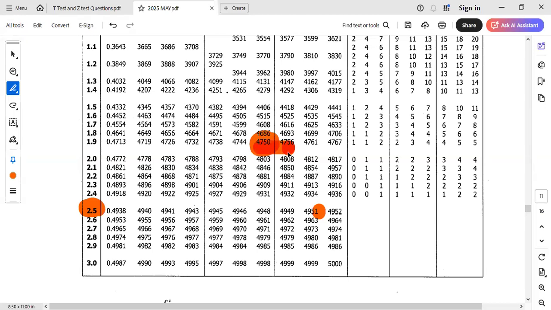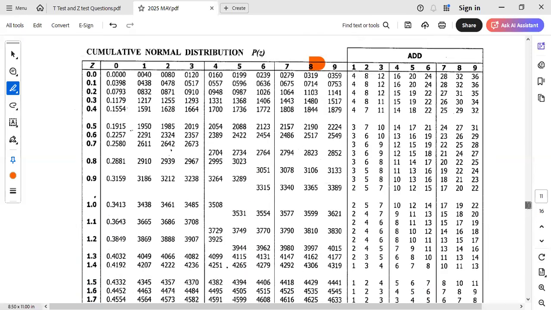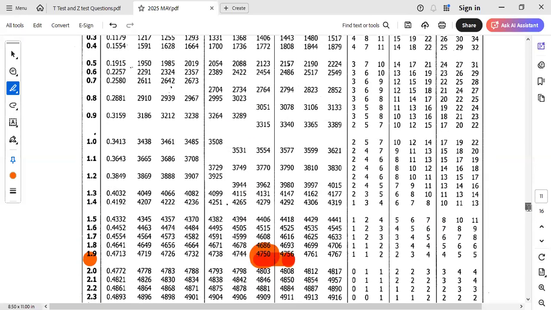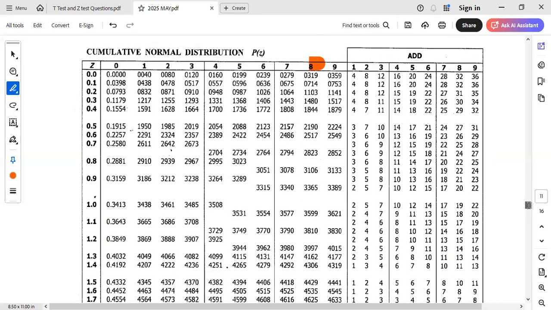So you write Z as 1.9. Then which column gives you 475? Column 6, isn't it?